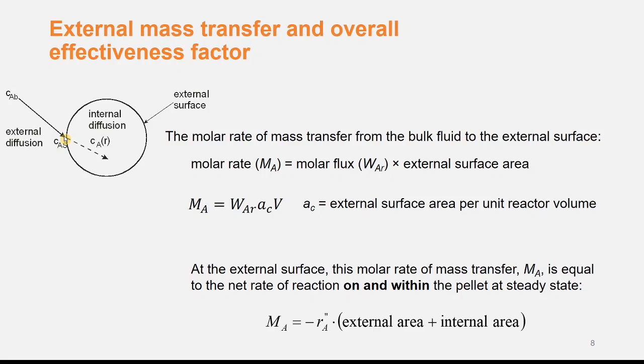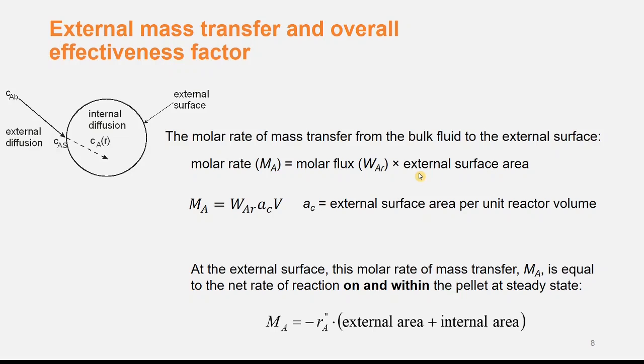Once we know that, we can relate it to all the other rates we have calculated for the pellet, internal diffusion and reaction. We know that the molar flow rate of mass transfer, M_A, is the molar flux in the radial direction, W_Ar, multiplied by the area through which the material is flowing.